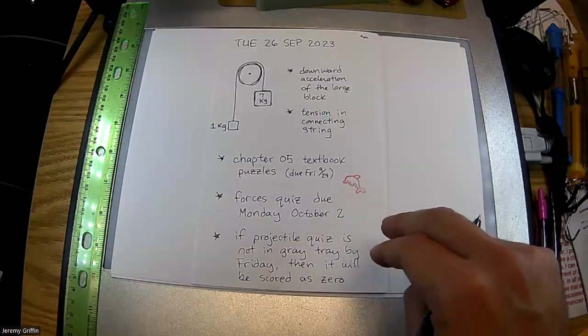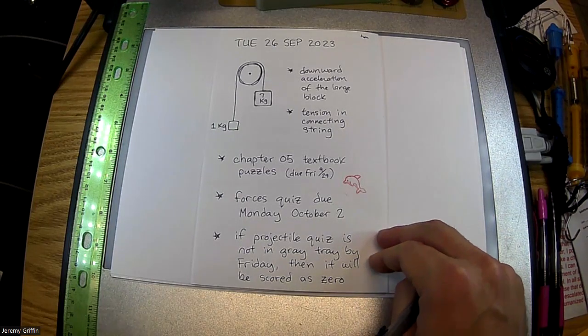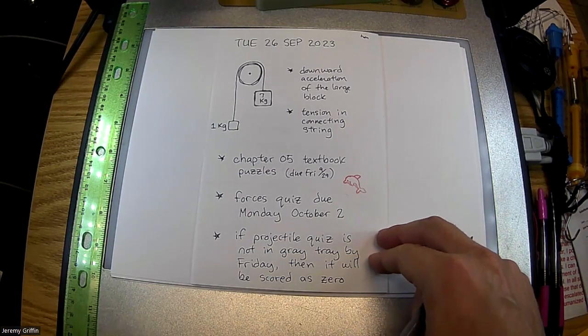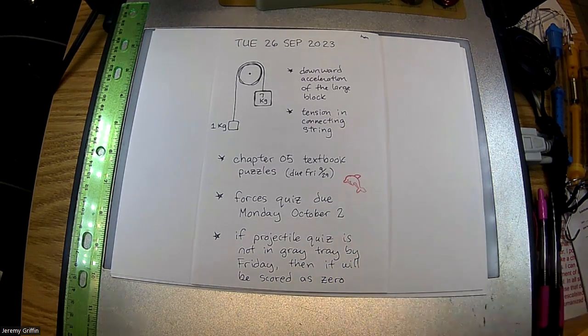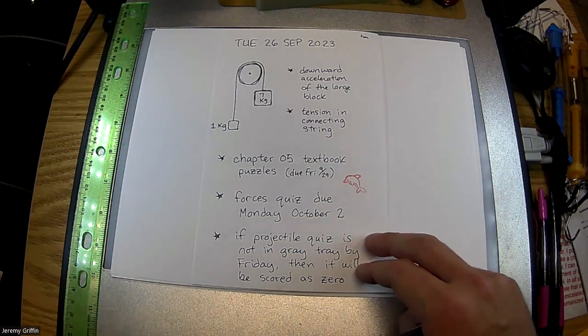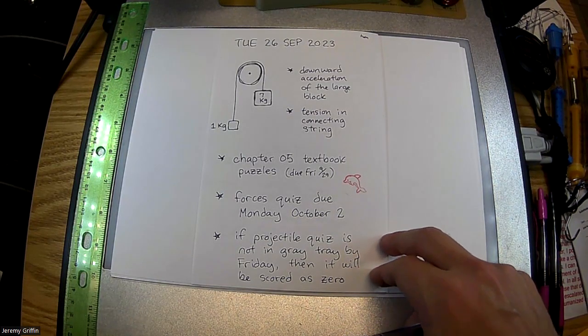Speaking of quizzes, projectile quiz. I'm still waiting on like 5 or 6 quizzes collectively from all my honors students. I know a bunch of you are waiting for me to hand this back. I've had this for quite a while because this was a couple weeks back.